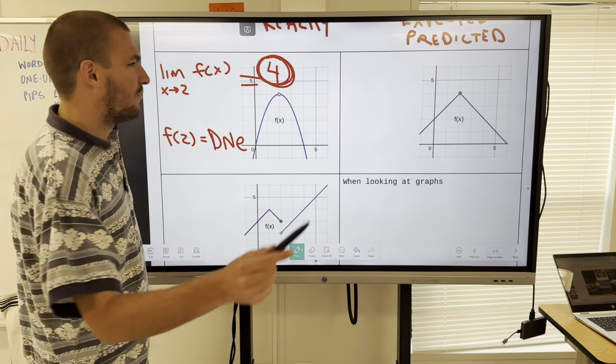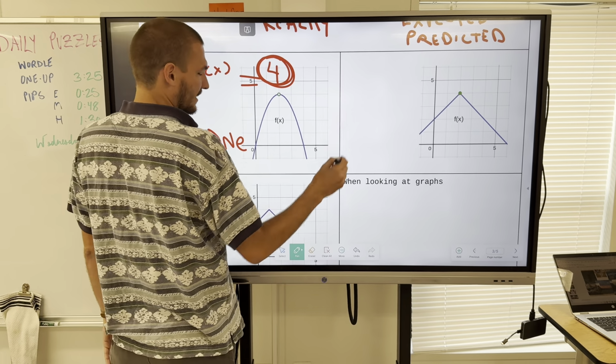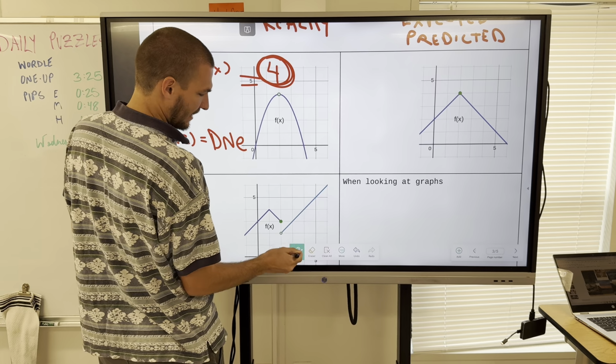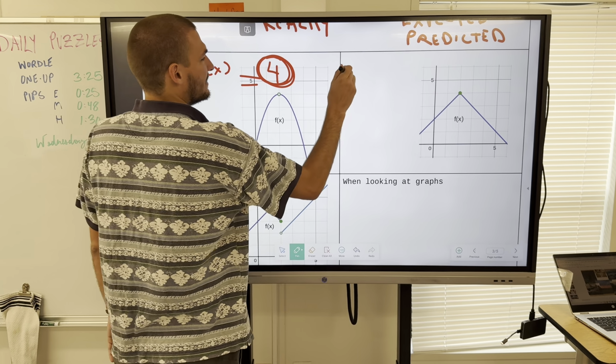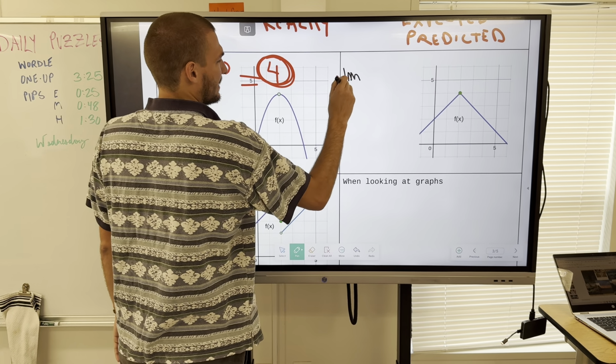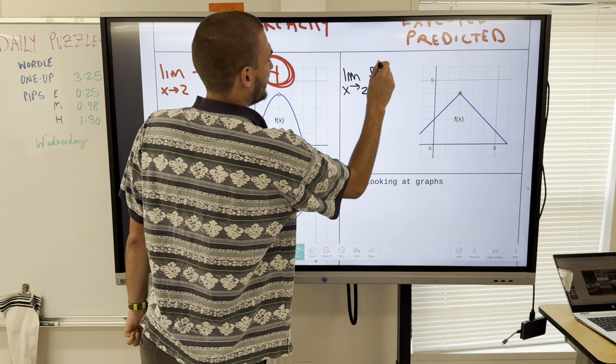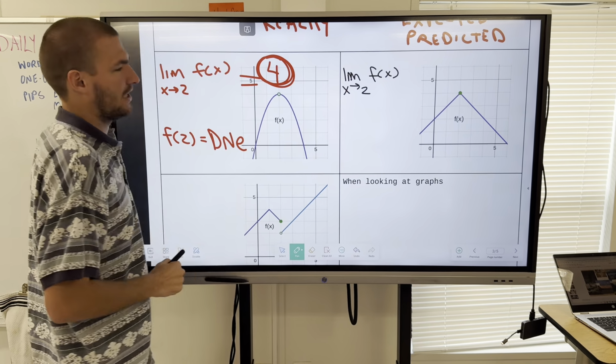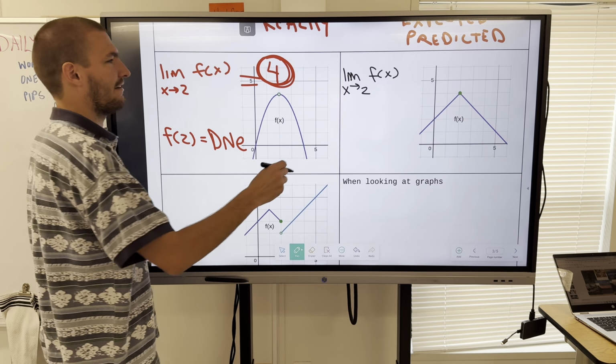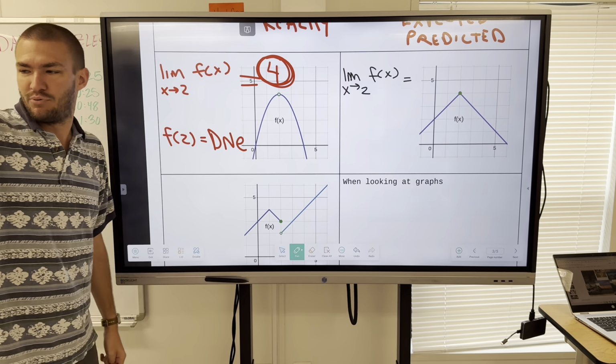Okay. What about this one over here? What is the limit as x approaches 2 of this different f of x, where we have an upside down absolute value graph? Anybody got the limit? Layla.